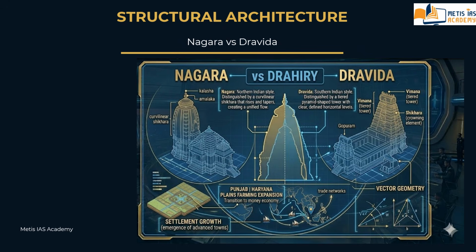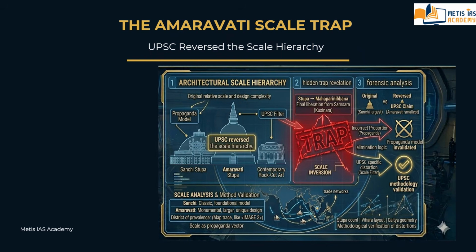So look at the clever structural trap in question number 14. In that question, statement number 1 places Amaravati in the lower Krishna Valley. It is correct. But look at statement number 2. It claims Amaravati was next only to the Sanchi Stupa in size. That is a factually reversed trap.